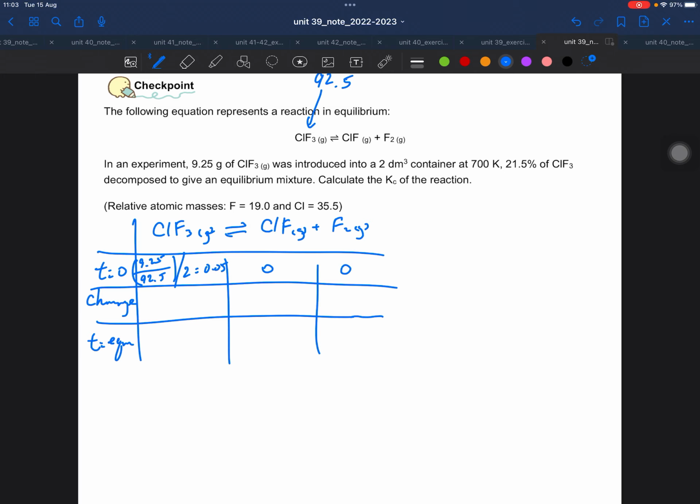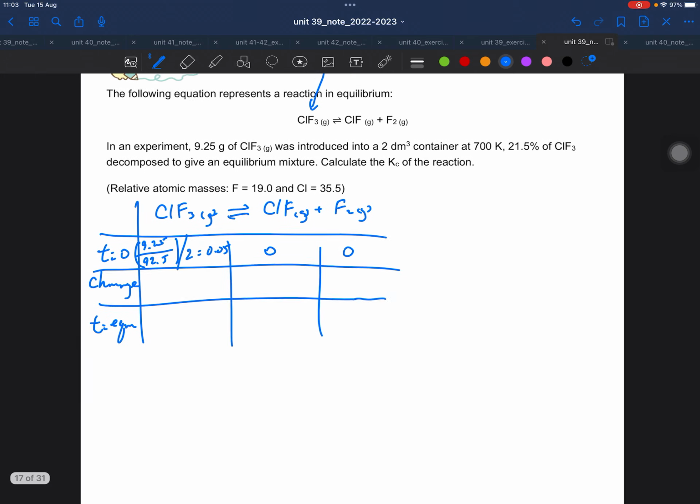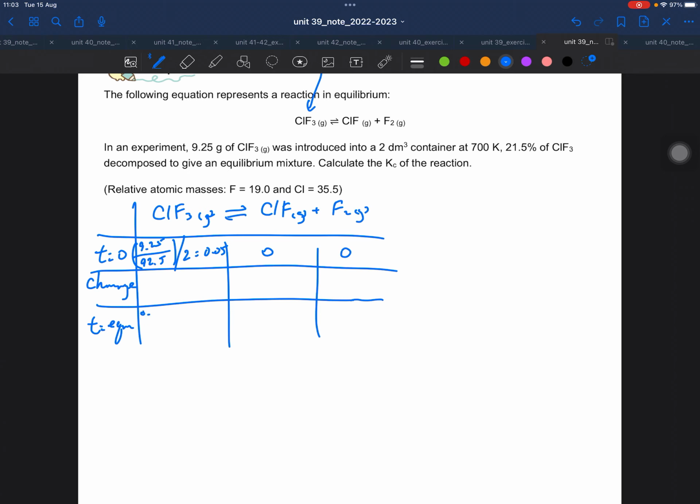First of all, let me calculate the concentration first. And then we get the equilibrium concentration.